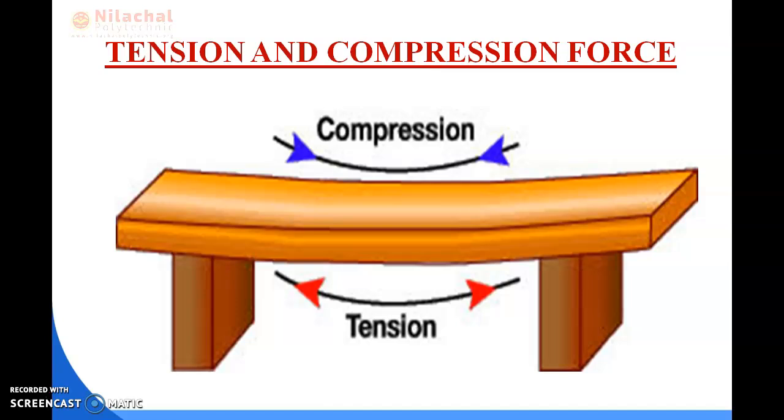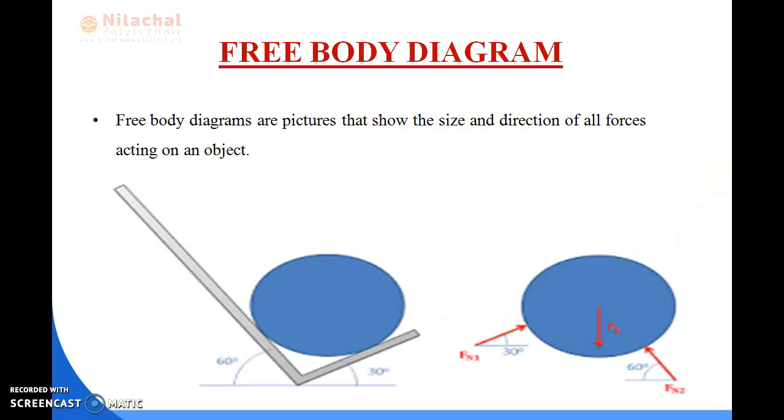So now we discuss the next topic, which is the free body diagram. Okay, so first of all we want to know what a free body diagram is. A free body diagram means a picture that shows the size and direction of all forces acting on an object.